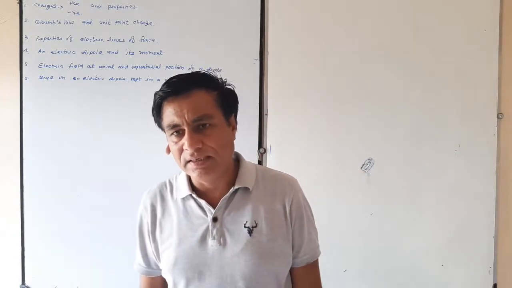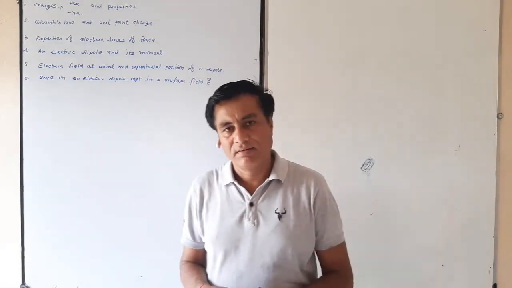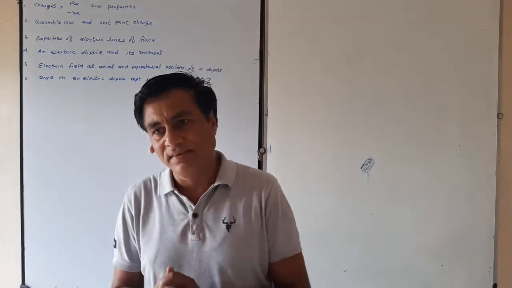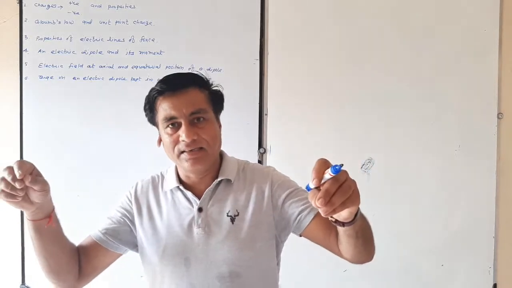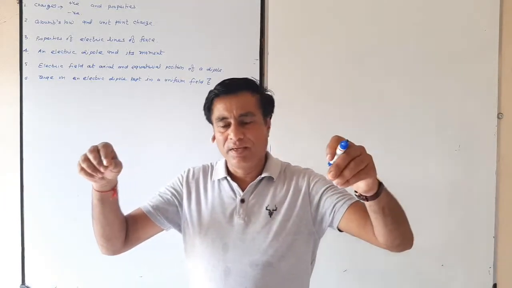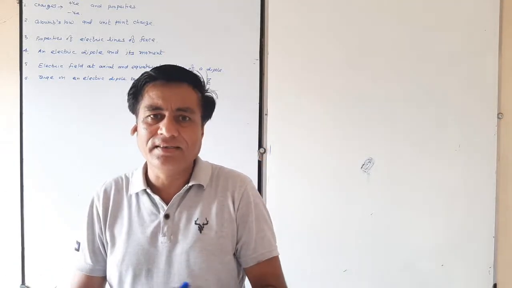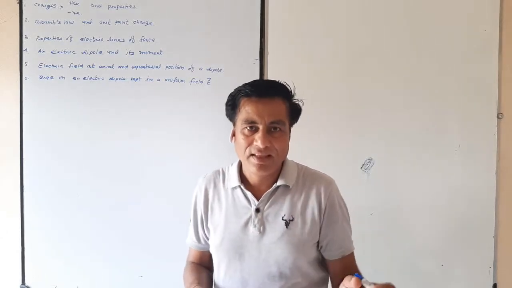Now you can see by two examples, glass rod and silk cloth rubbed against each other, then they both get charged, and if you bring them near, at that time they attract each other. Means they are opposite charges.